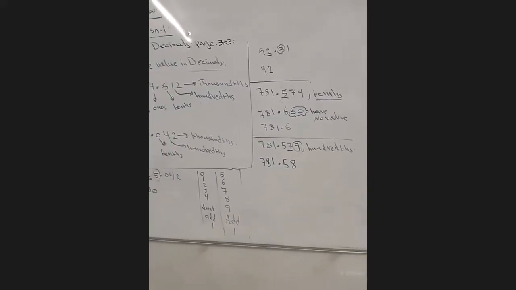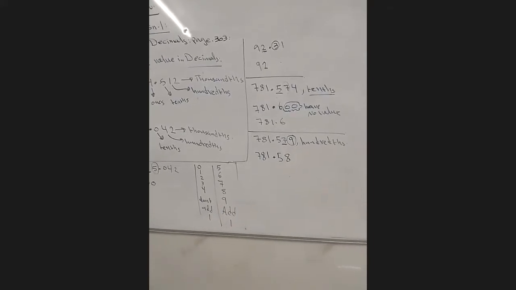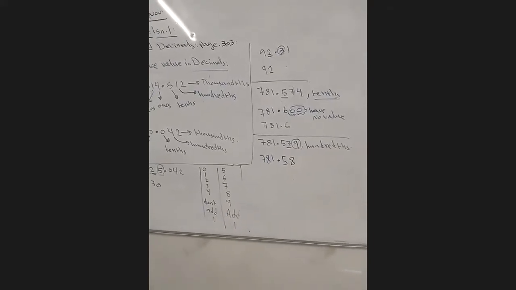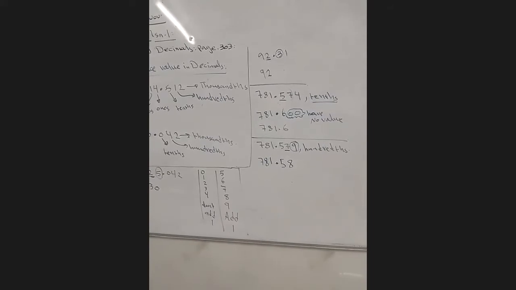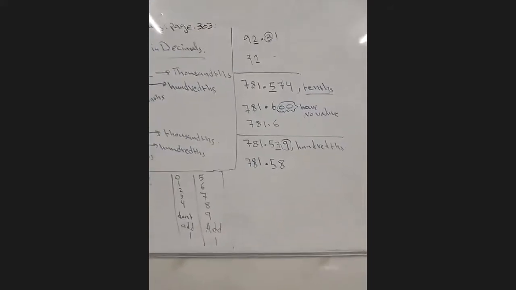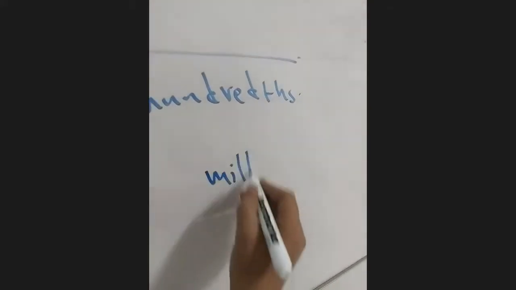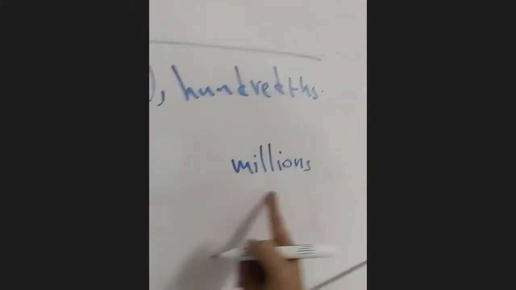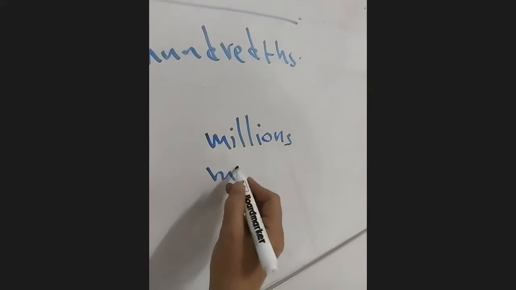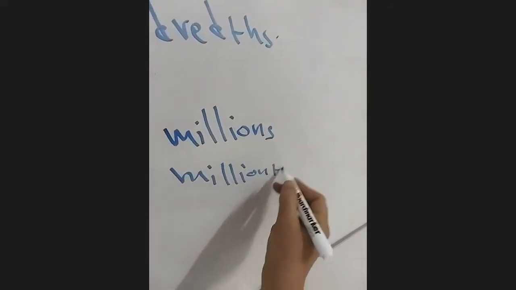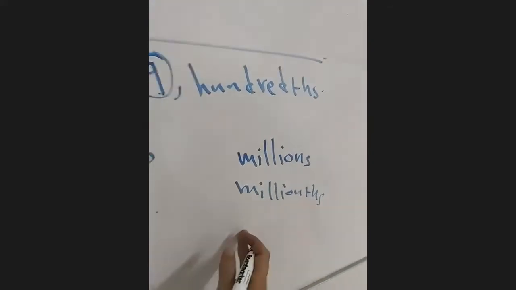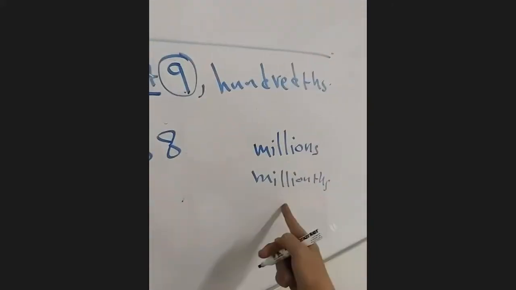No. I know how to round, but in the decimals, do we have millionths? Yes, we have. If we go further, yes, we have.